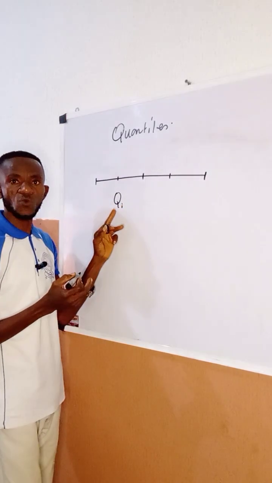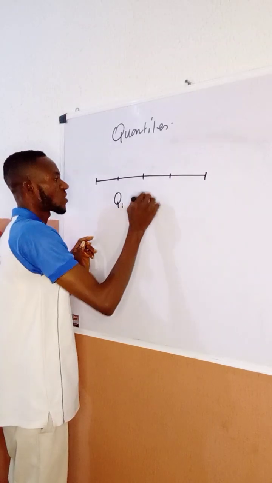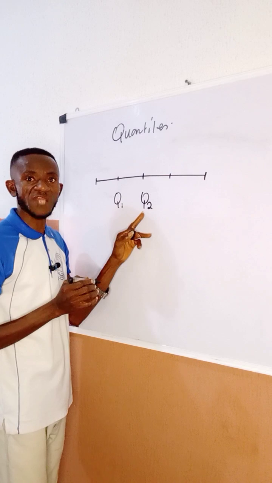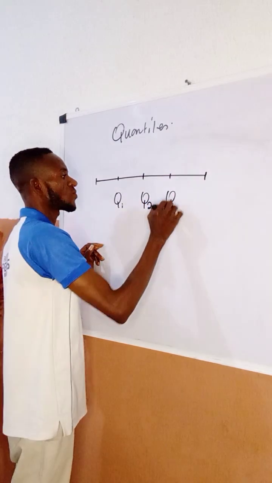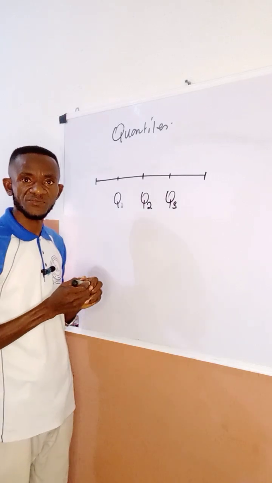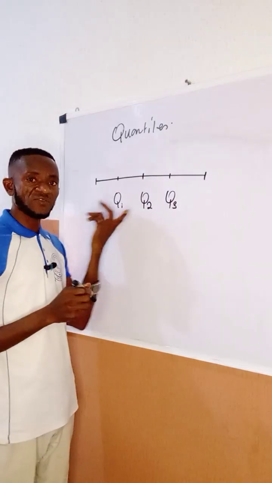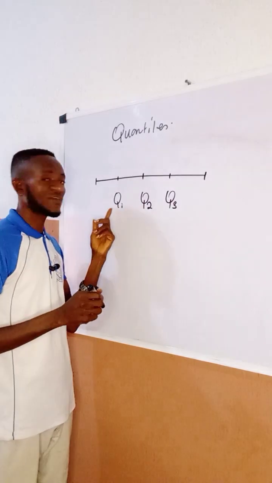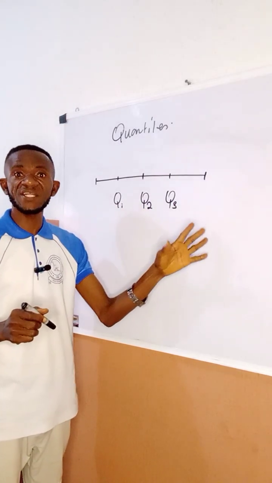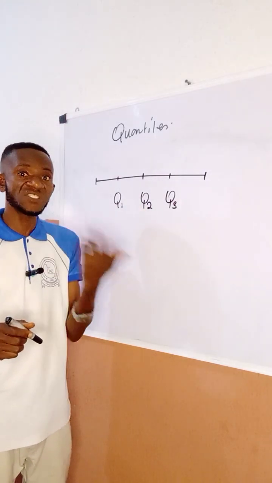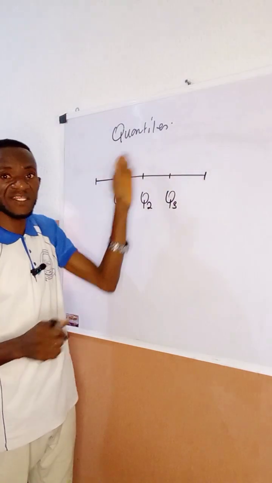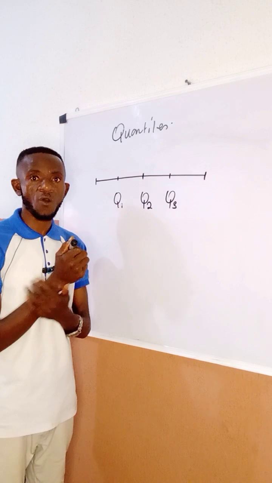Then we have Q2, the second quartile, and then we have Q3, which we call the third quartile. Oftentimes you hear people talk about the first quartile, the second quartile, and the third quartile, and not necessarily the Q4, the fourth quartile, because these lines have already divided this data set into 4 equal parts.